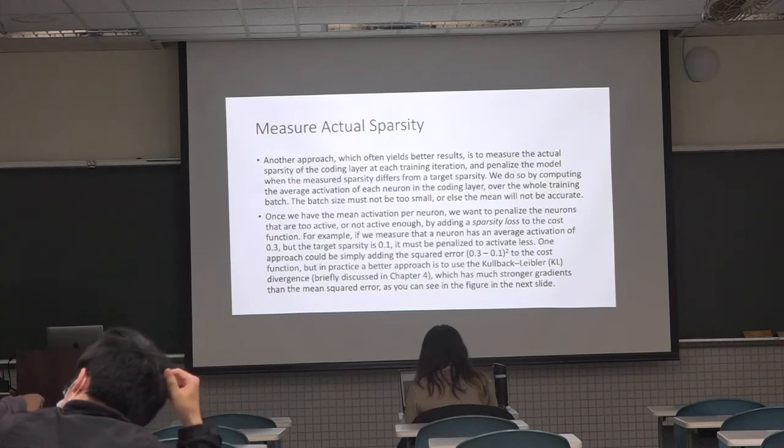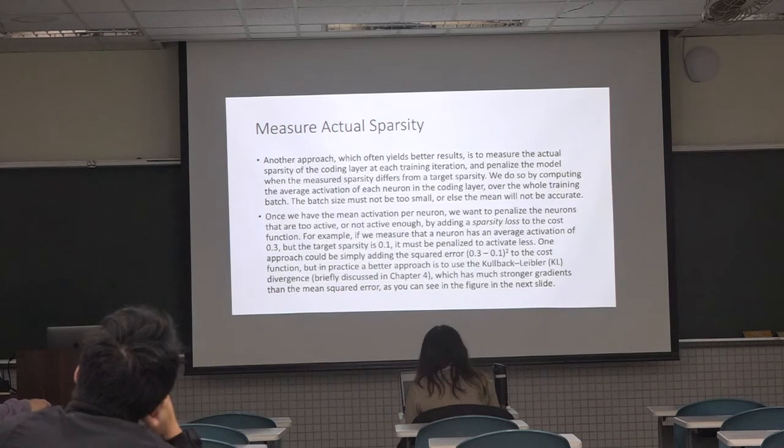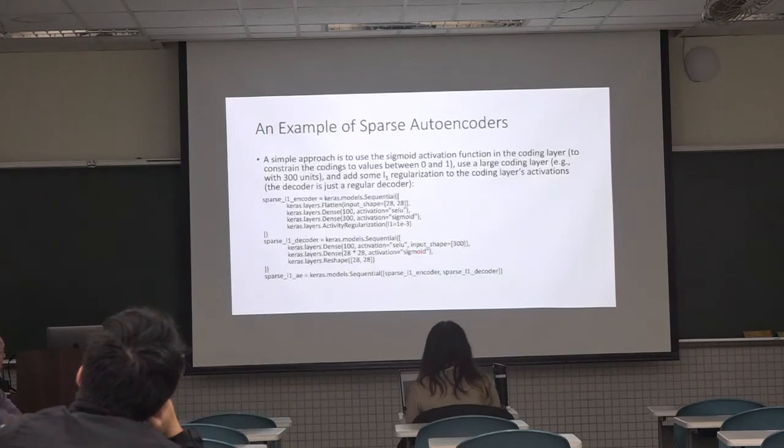So once we have the mean activation per neuron, we will penalize the neurons that are too active or not active enough. So why is this approach better? Because in the previous approach, we only calculate the activity, the active neurons, for the whole layer. Let's say you want a 5% activation.